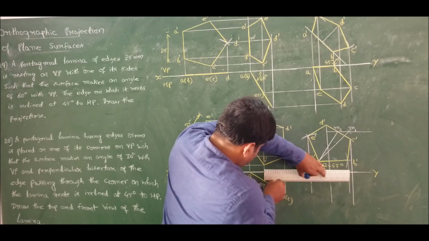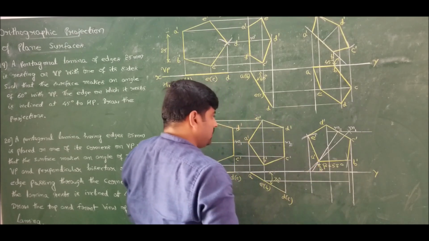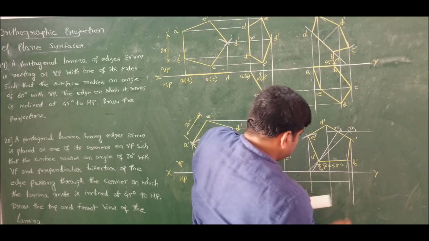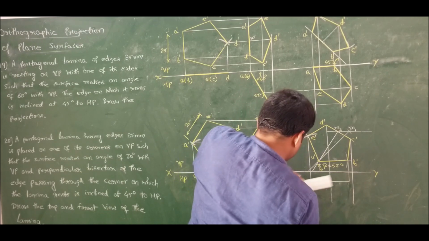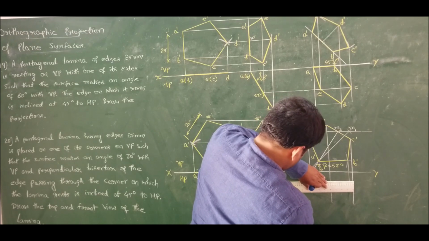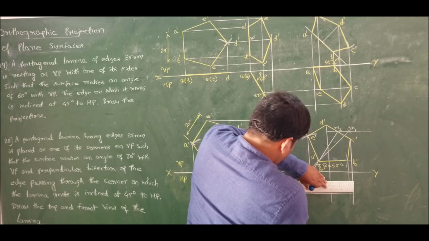So this will give us E and B. D and C is still last. So this is D and C.